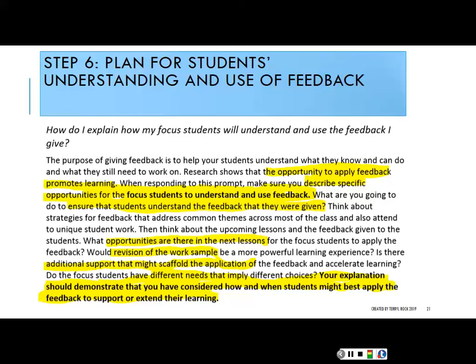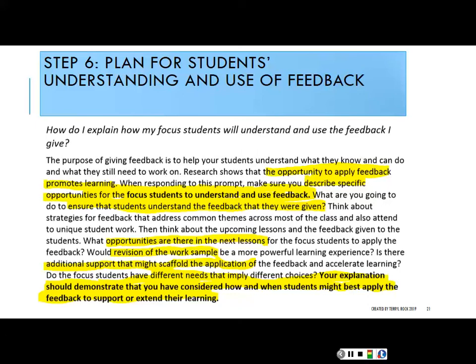Good news is, the answer to this question is written in future tense. You are writing about what you plan to do, and you never need to provide any documentation that it occurs. So what you're doing is describing what would happen in a perfect world if you had the time and the resources to give everybody a one-on-one conference about their work and sit down with them and help them figure out how to use their feedback, okay?